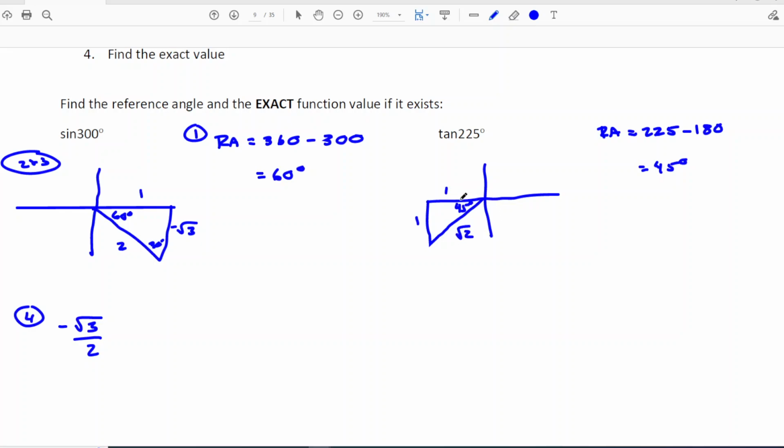Next step, I'm going to figure out, should anything be negative? Well, this is a negative x direction. This is a negative y direction. So both of them will be negative. So that I can now find the value of the tan of 225, which would be opposite over adjacent, or y over x, which would be negative 1 over negative 1, which would just simplify to positive 1.